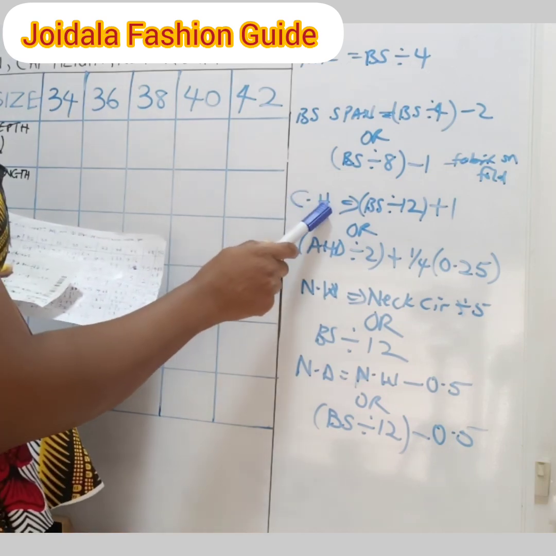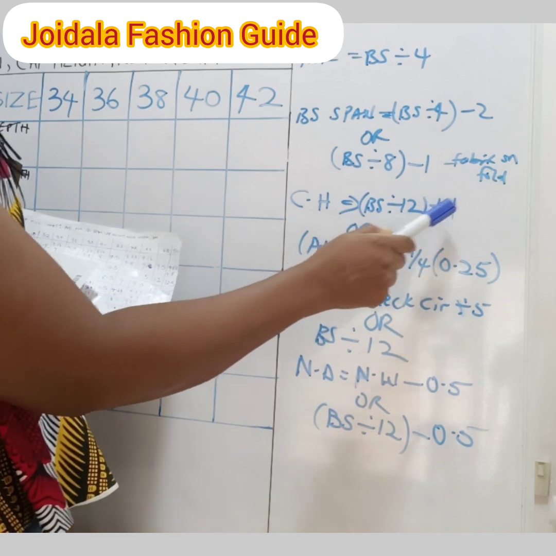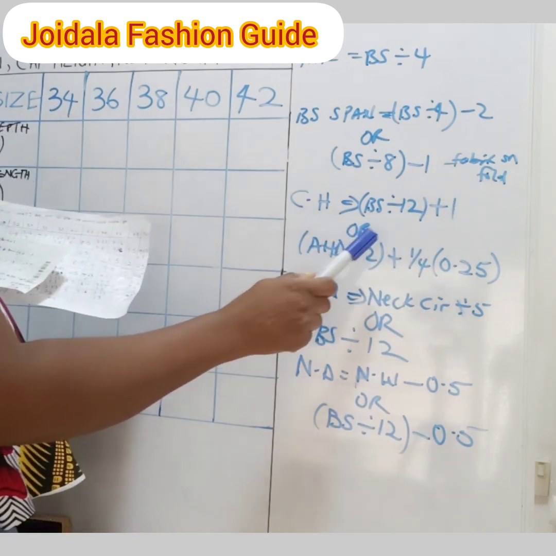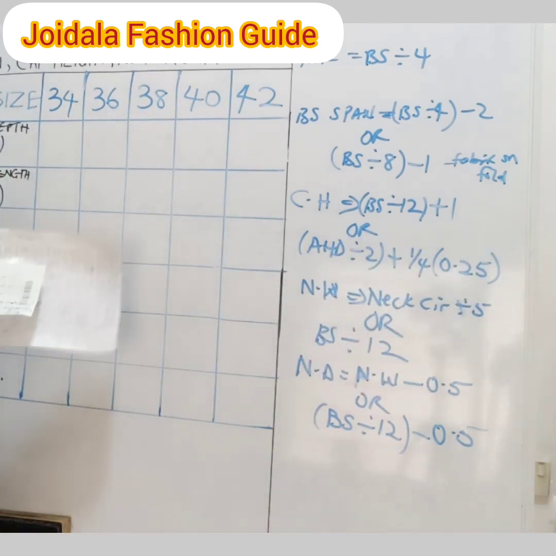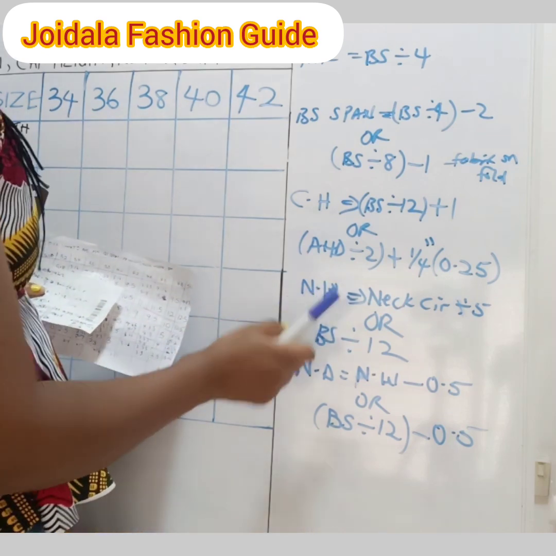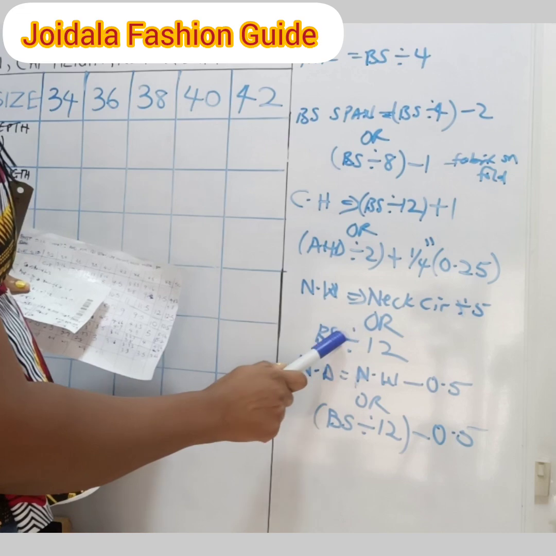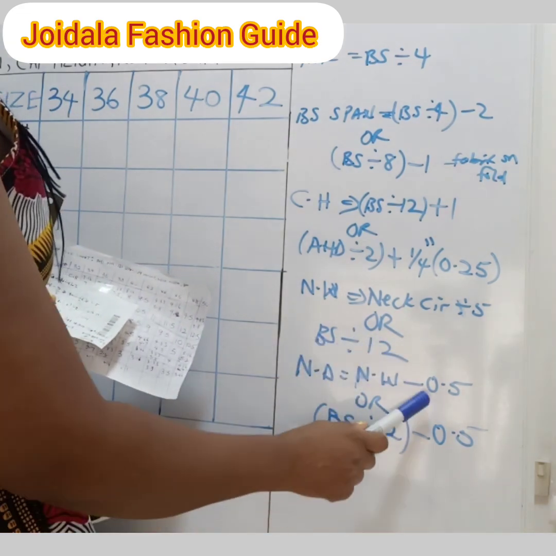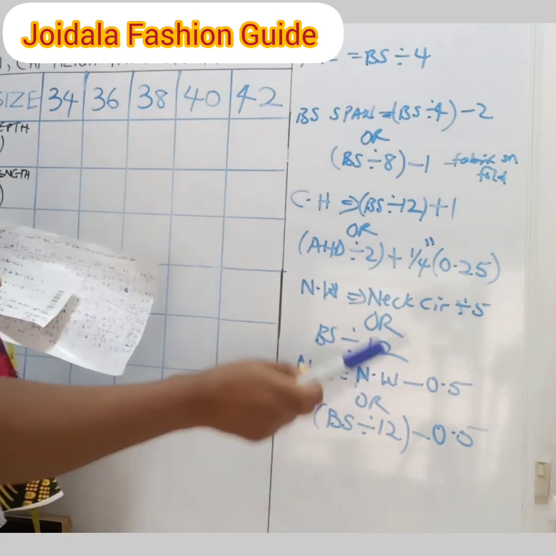For cap height, you have the bust circumference divided by 12 plus 1, or the armhole depth divided by 2 plus 0.25, which is a quarter of an inch. And then the neck width is the neck circumference divided by 5, or the bust circumference divided by 12. Once you have the neck width, subtract 0.5 from it, and that will give you the neck depth.